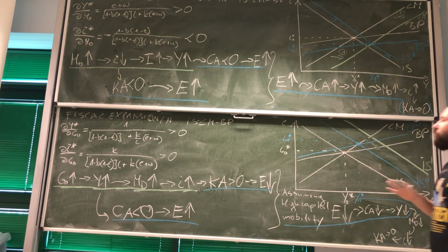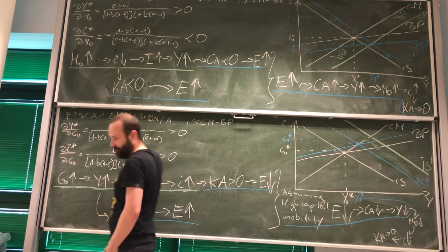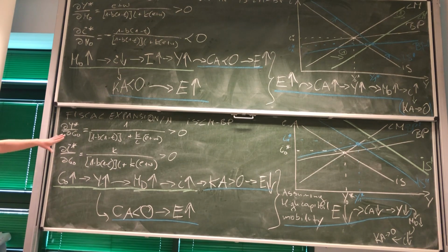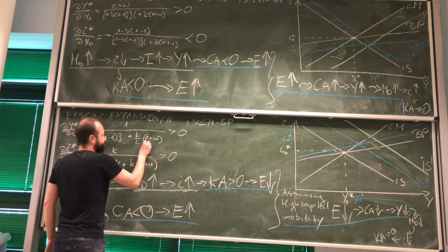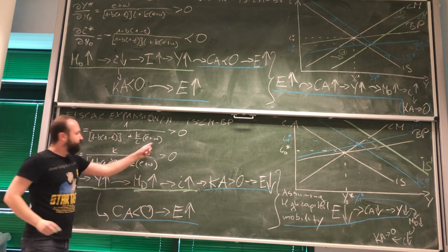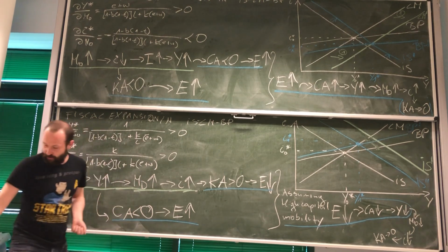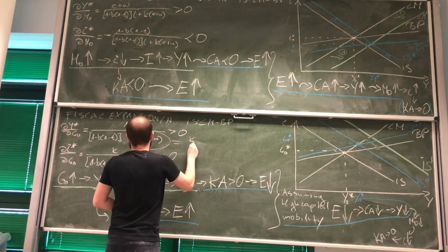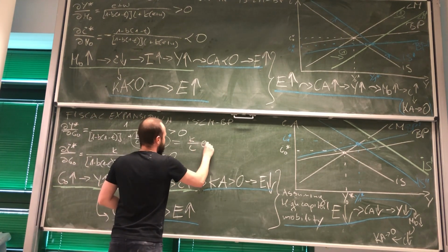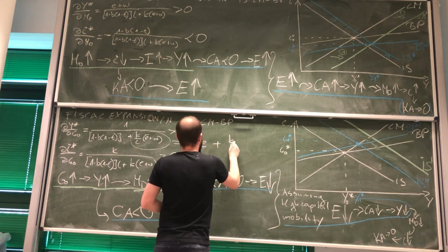And look, I told you that this expression that you see over here measures crowding out effect. And look, we can rewrite this expression, just this expression over here, as KLE plus KLW.